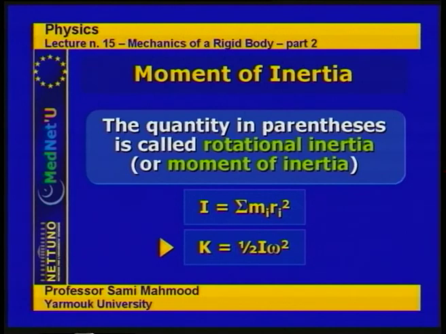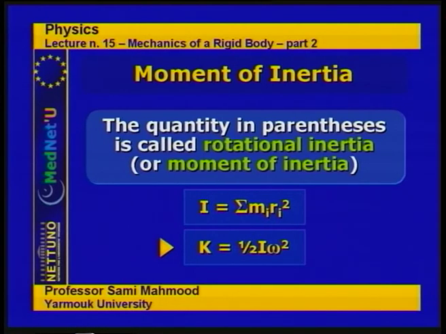And if we substitute this quantity in the definition of the kinetic energy for the rotating object, we get the formula K equals 1/2 I omega squared.